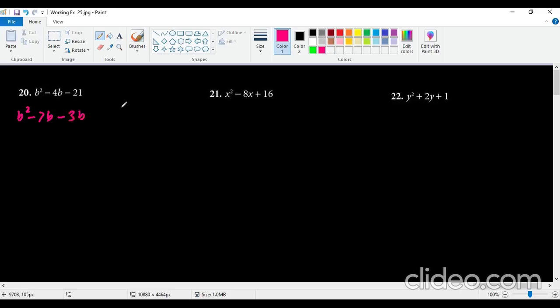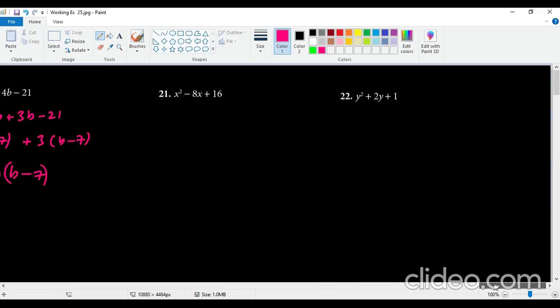It should be a plus 21, and b square, b minus 7 in the bracket, b minus 7 in the bracket, and plus 3 like this, and b plus 3 in one bracket, and b minus 7 in another bracket.